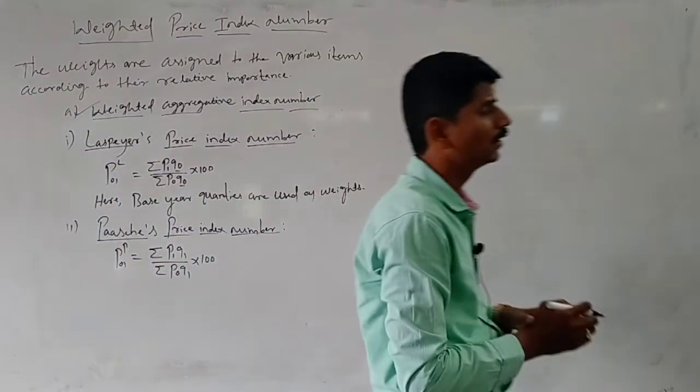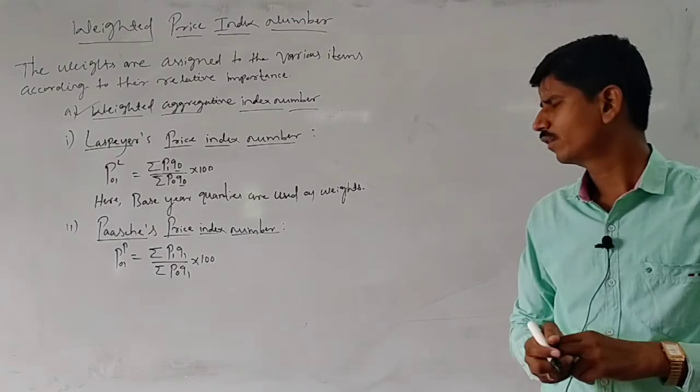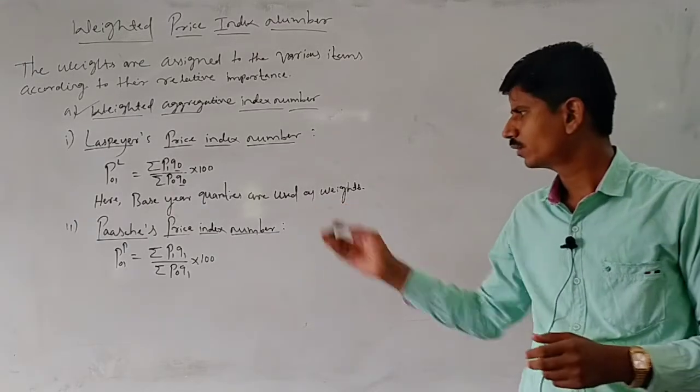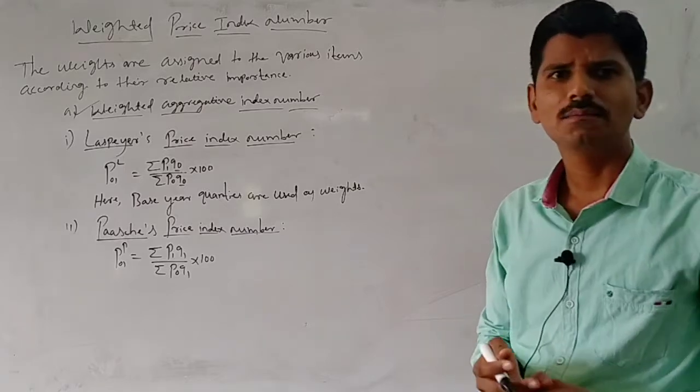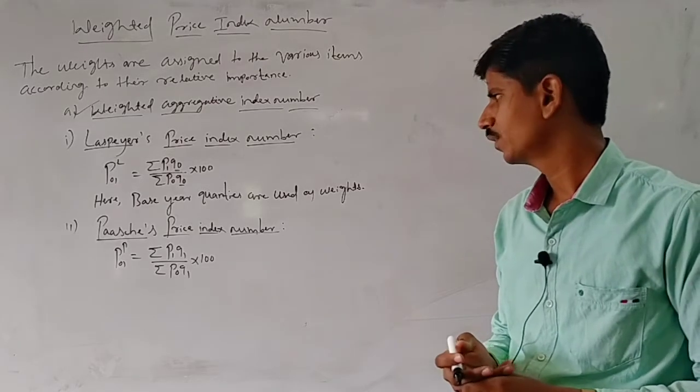Purchase price index number, that is P01 P equal to sum of P1 Q1 by sum of P0 Q1 into 100.